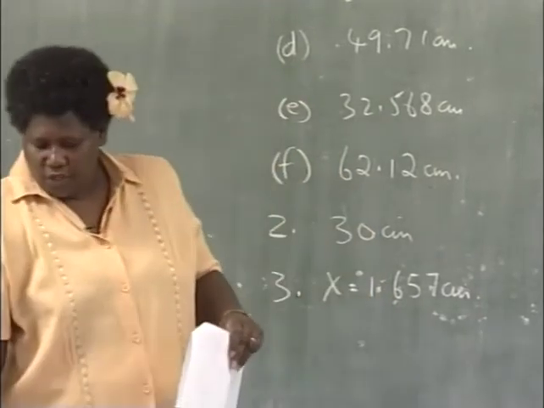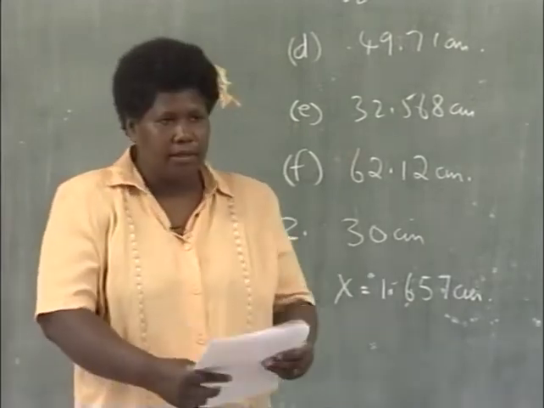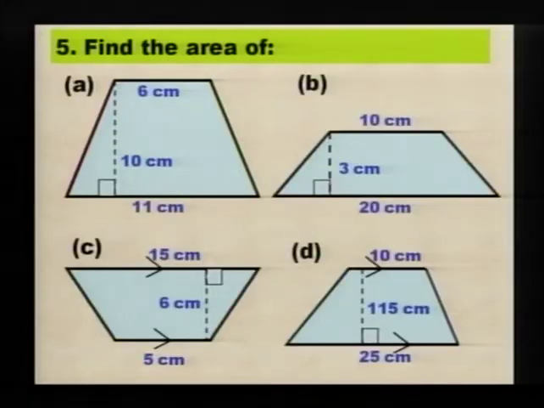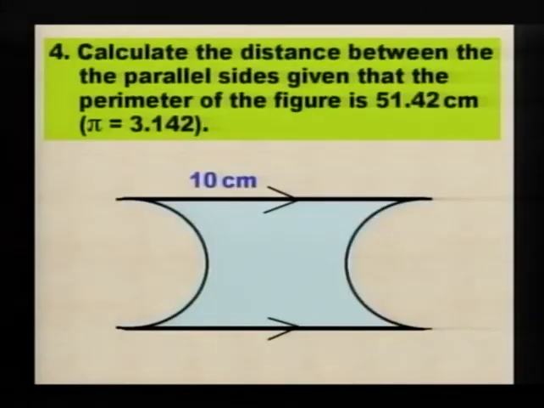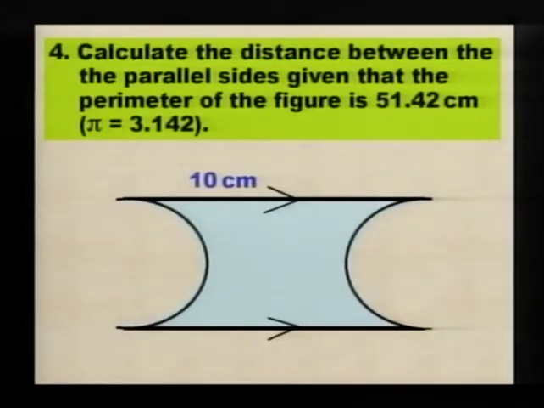Question 4, George, I'd like you to come and do question 4 on the board. Question 5, A, Siegfried, B, Rita, C, Daniel, and D, Esther. So 4, 5, A, B, C, and D. Label the diagram, the question that you are doing, properly before you do it.